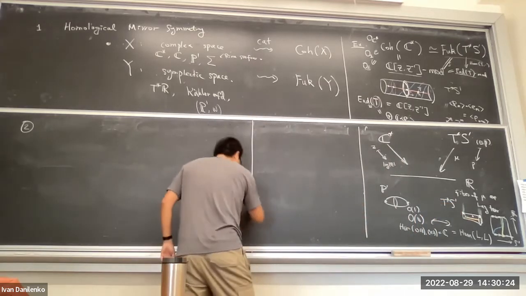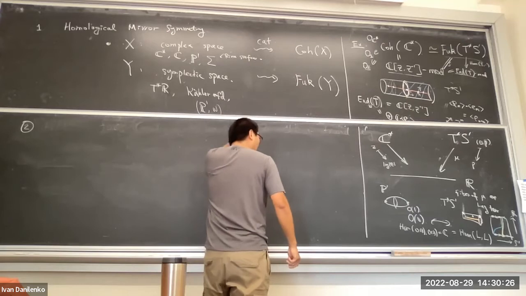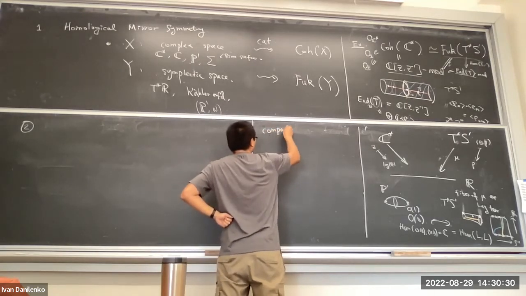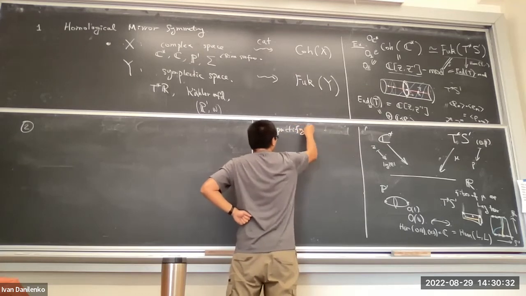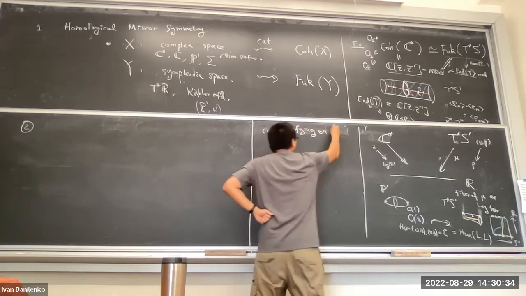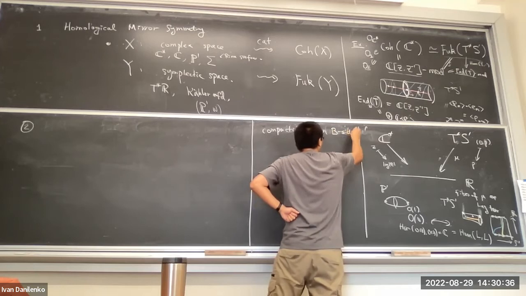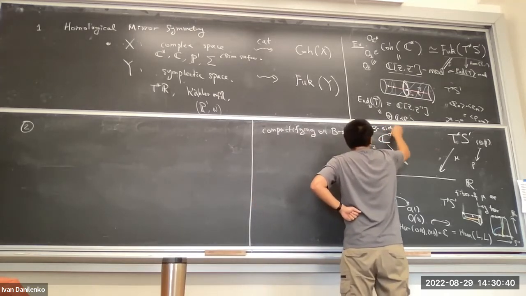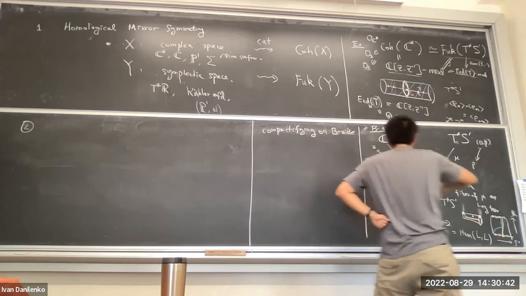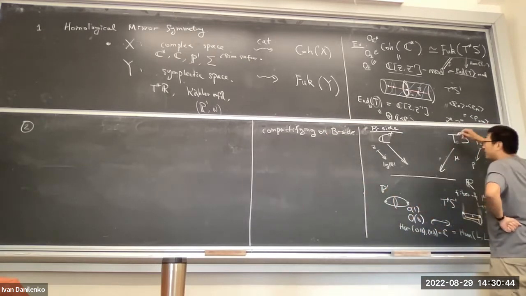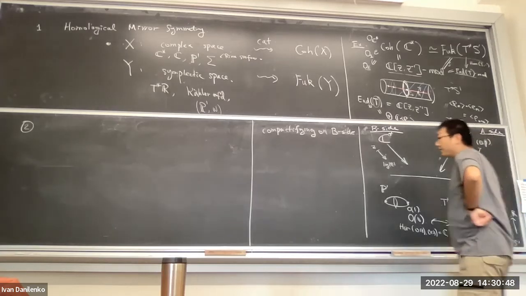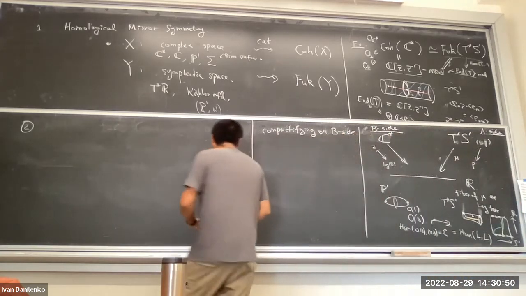So I'm also compactifying on the B side. For those who know, whenever we do complex geometry or coherent sheaf category, we call it the B side, and the symplectic side we call the A side.